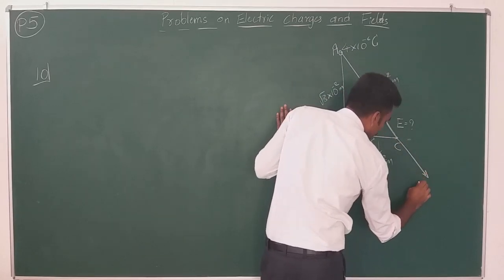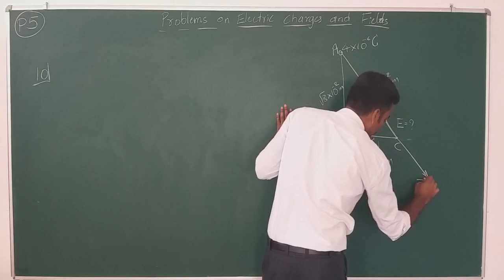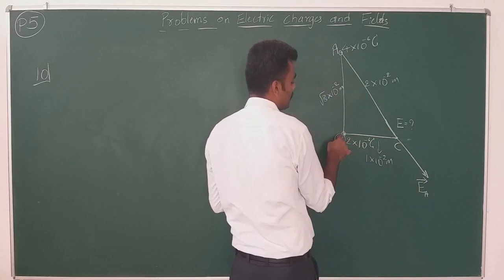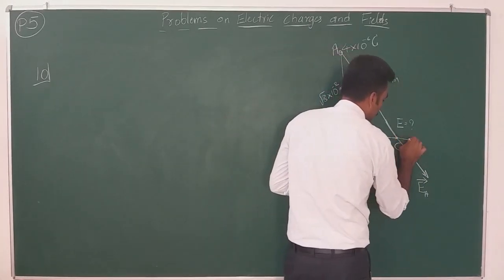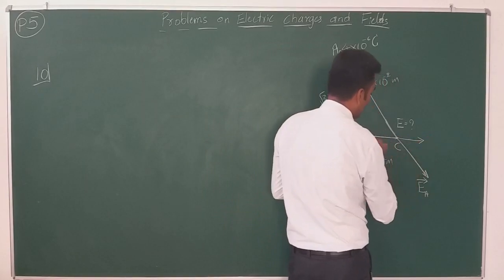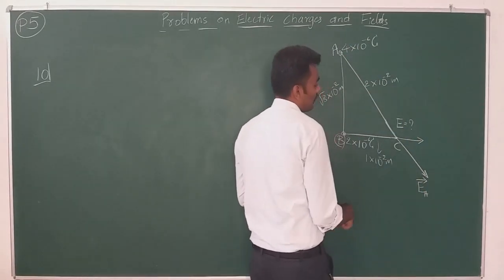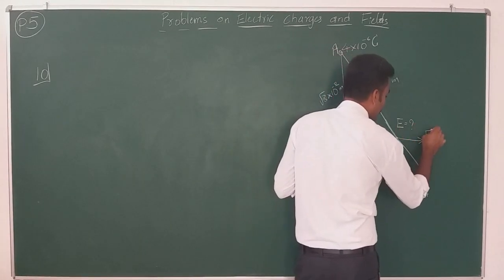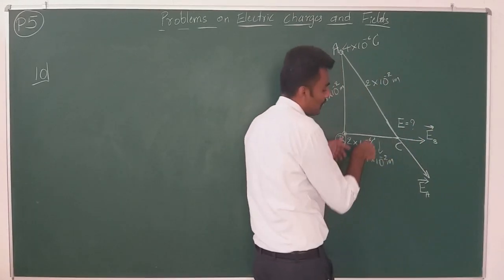I can call this vector electric field EA. Similarly, due to charge B, the electric field at C will be radially outwards from the charge, like this. Let me call this EB.